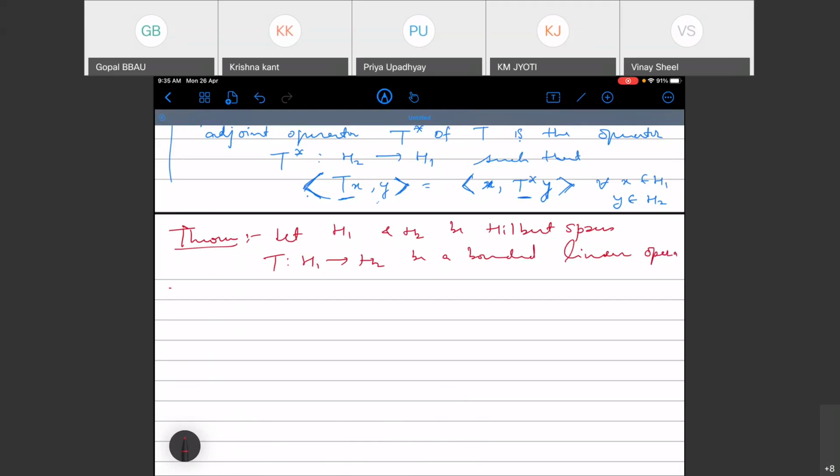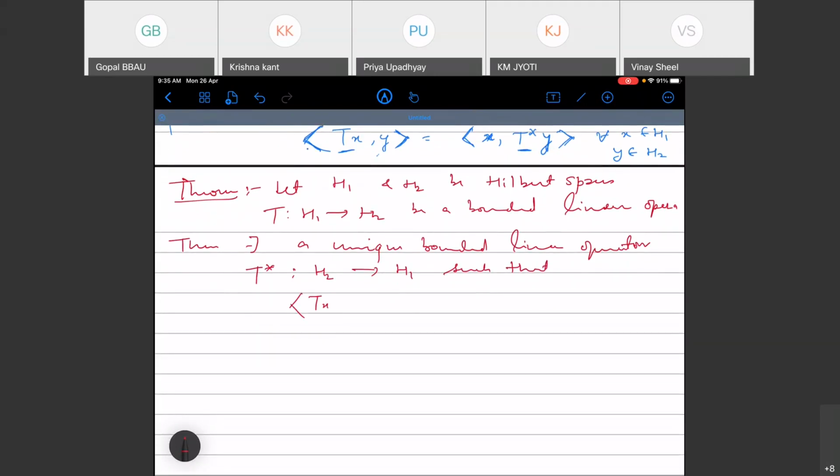Then there exists a unique bounded linear operator T* from H2 to H1 such that ⟨Tx, y⟩ is the same as ⟨x, T*y⟩ for all x in H1, y in H2. Moreover, their norms are equal, meaning the norm of T* is the same as the norm of T.